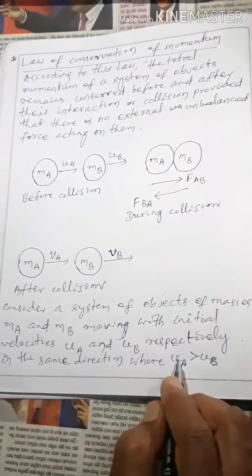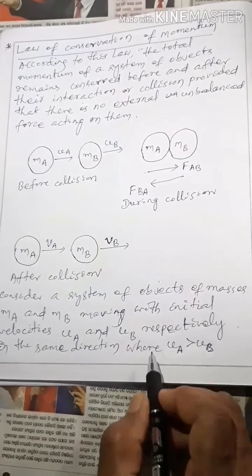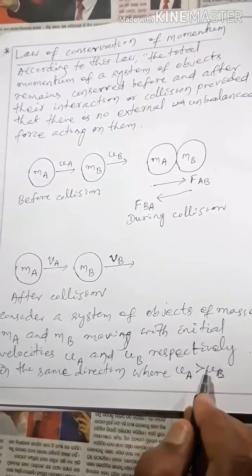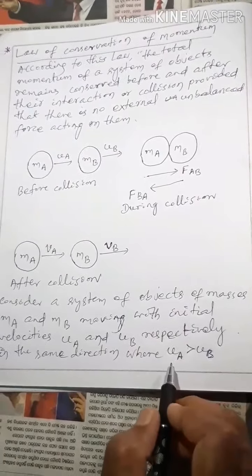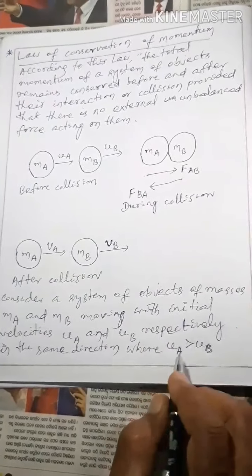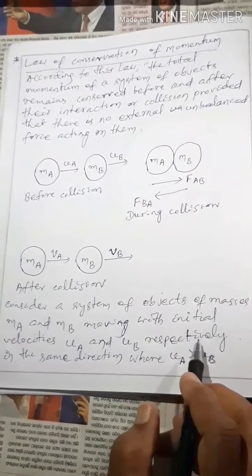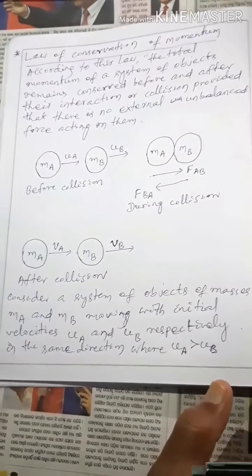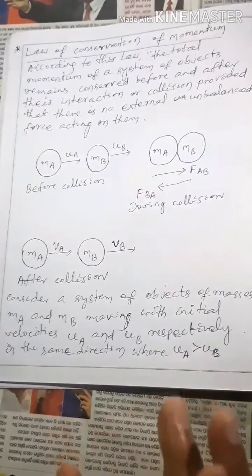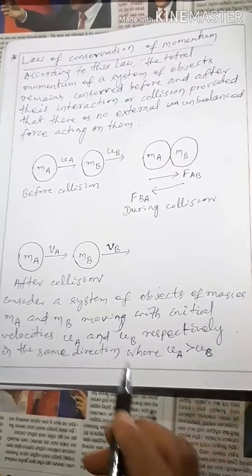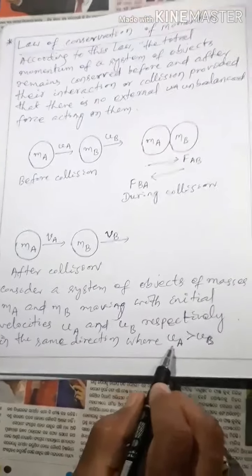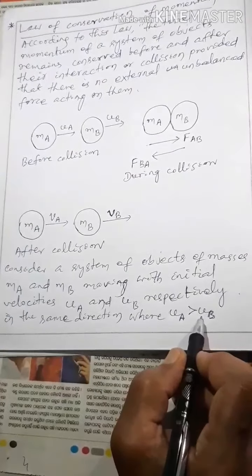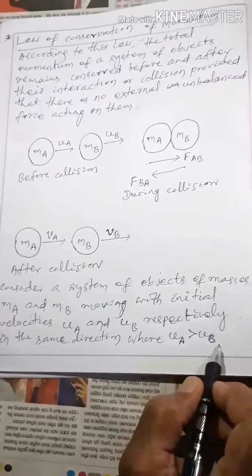Because with the greater velocity, object A will collide with object B. So in the same direction, UA is greater than UB.